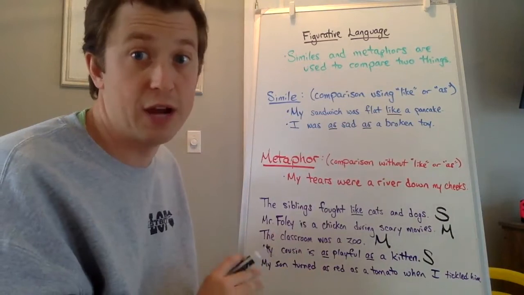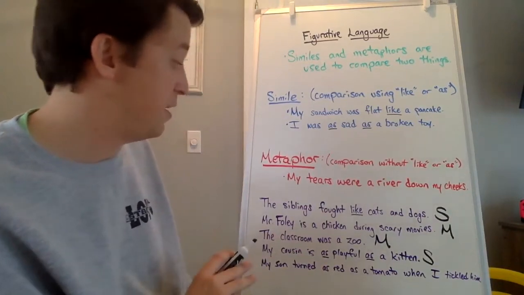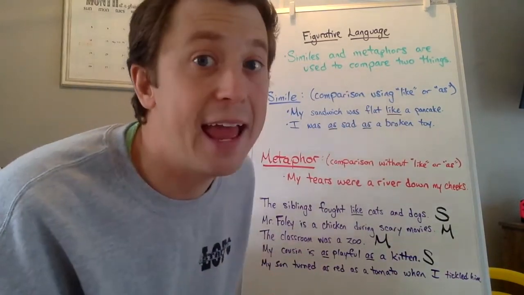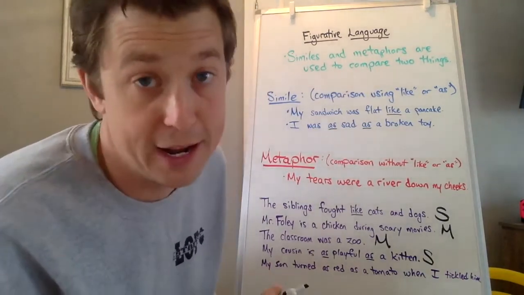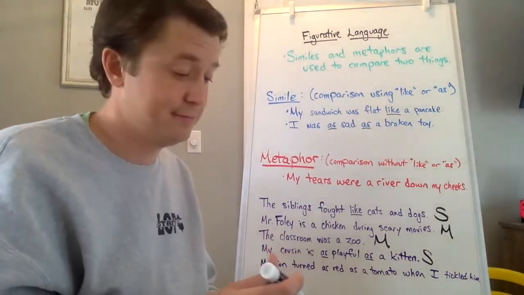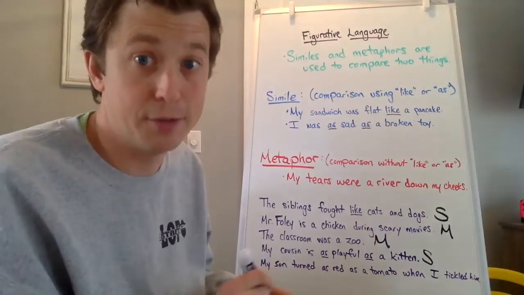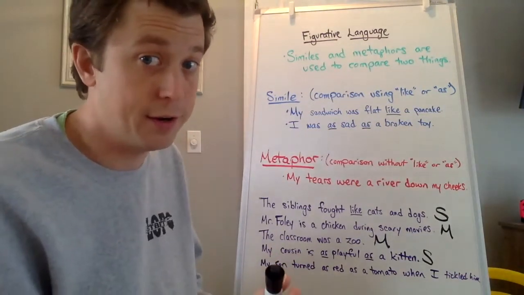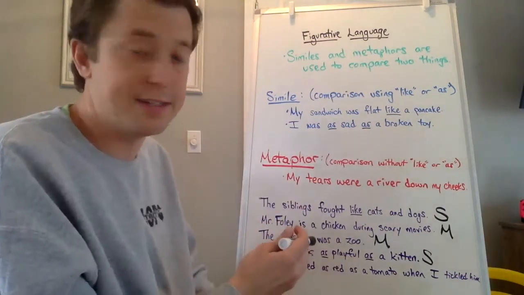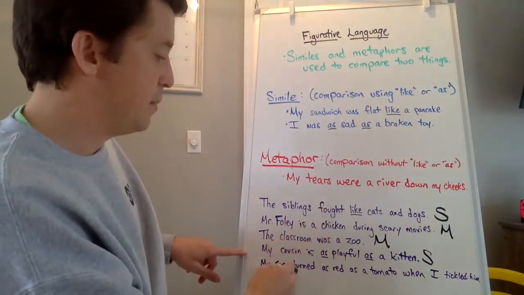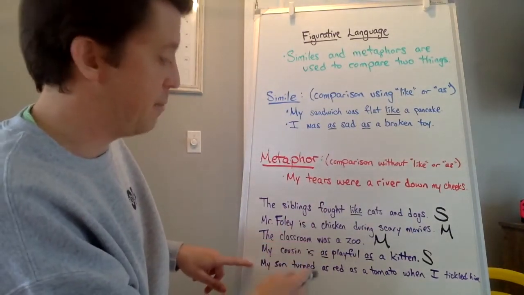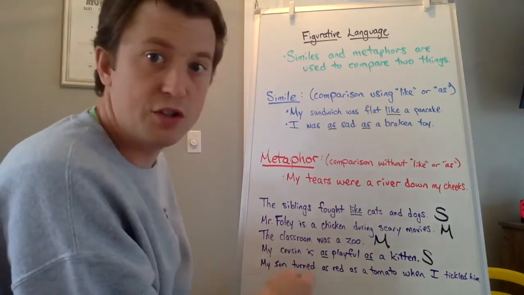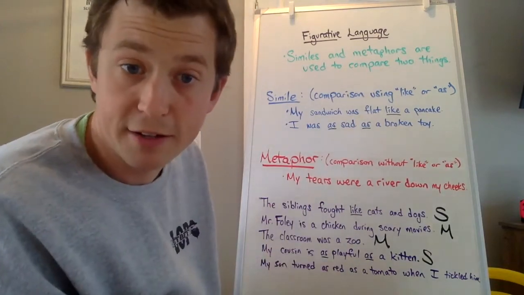Now, our last one for right now. My son turned as red as a tomato when I tickled him. I know I turn red like a tomato too when I'm tickled. But let's see first here. Enough about me. Back to the sentence. Are we comparing? Yes, we're comparing my son turning red to how a tomato is red.